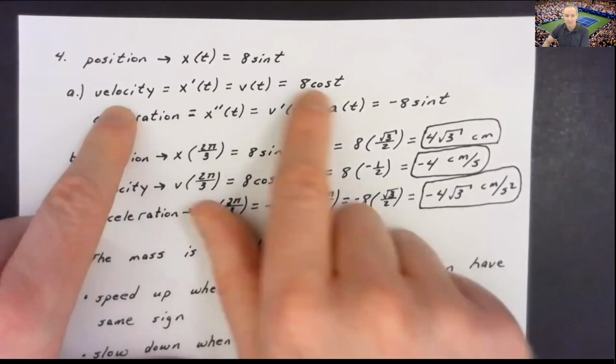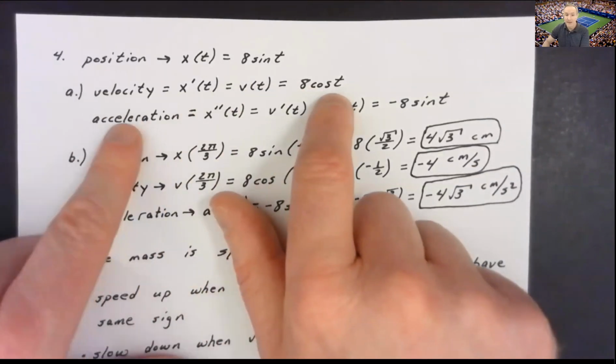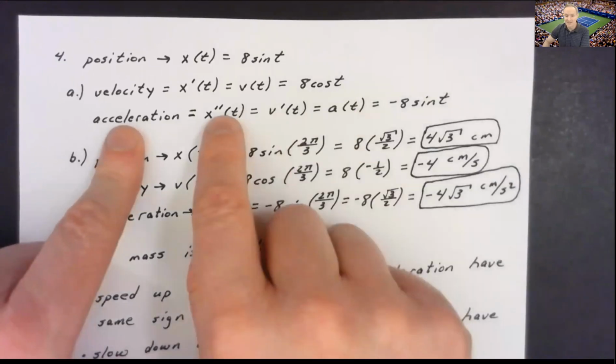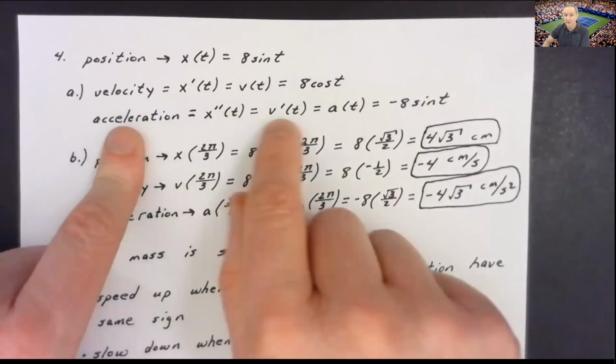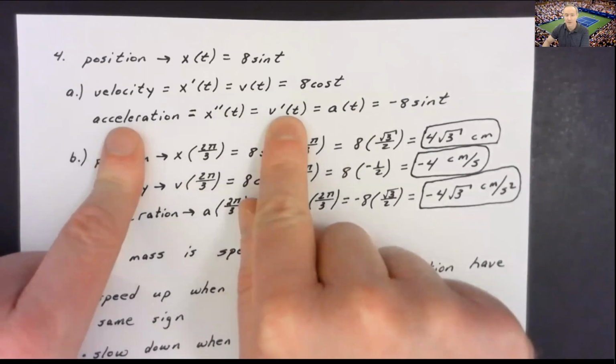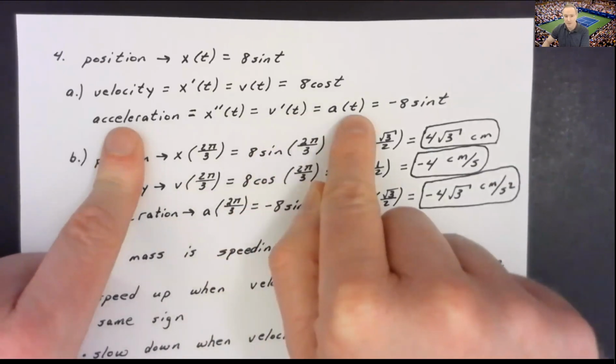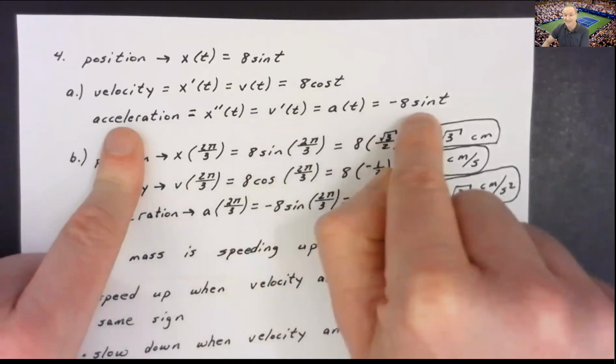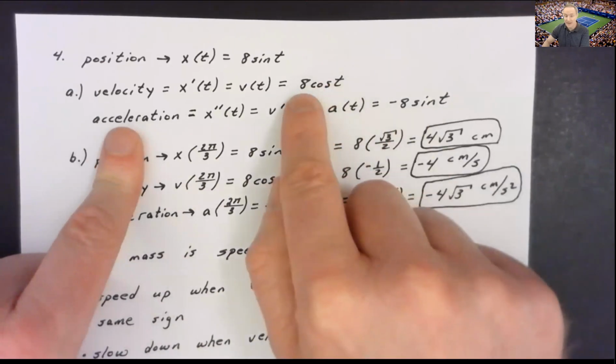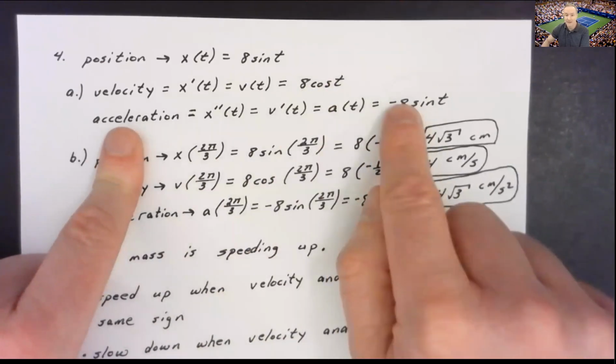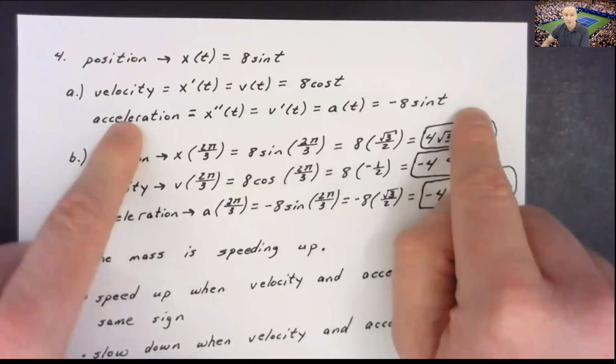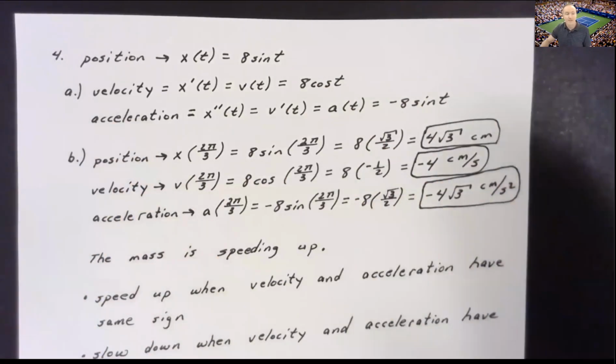V of t is going to be 8 cosine t. Now, the acceleration would be the second derivative of position or the first derivative of velocity. And then the acceleration function is, derivative of cosine is negative sine, so derivative of 8 cosine is -8 sine t. So now I have all my position, velocity, and acceleration functions.